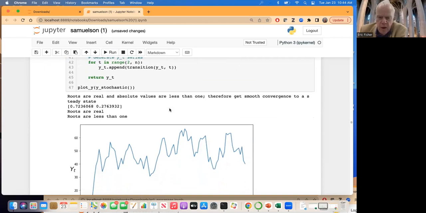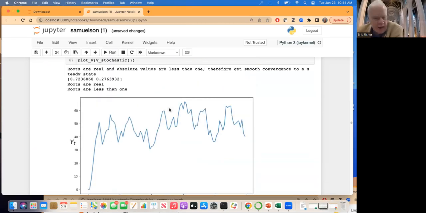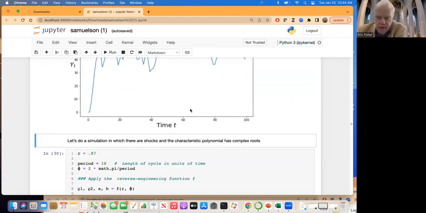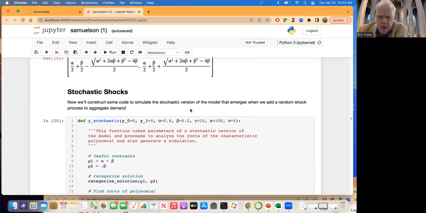So here you are. Let's see where it's drawing the randomness. The key idea here is that it's starting to look like real randomness in macroeconomic data just by having a second order difference equation and a little bit of randomness. So let's take a look at what the Python code is doing.